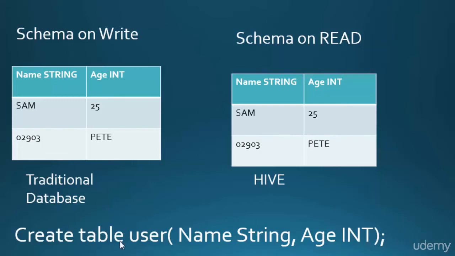Let us say we are creating a table called user, which has two columns, name and age, where name is defined as string data type and age is defined as integer data type. If we try to load sample data as shown here, the load statement will fail because we are trying to load a string for a column which is defined as integer.